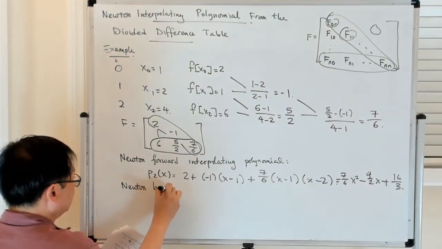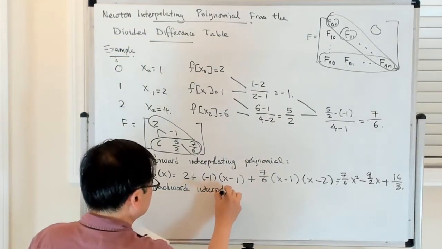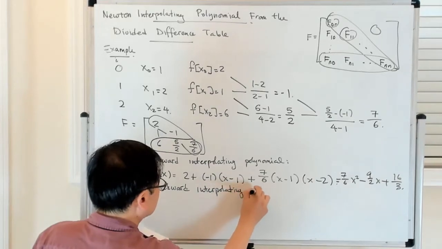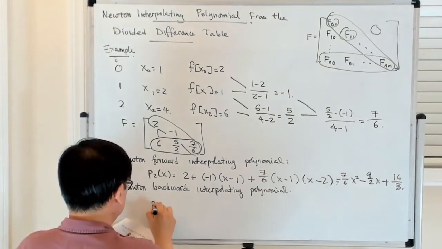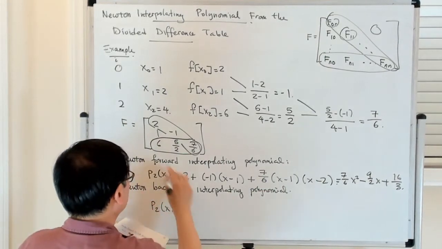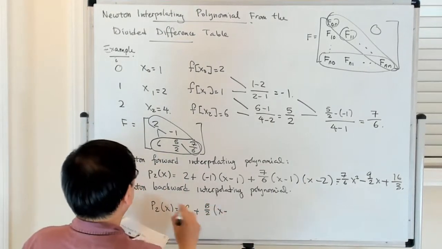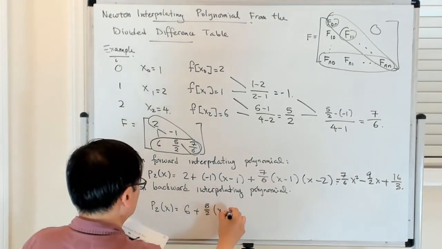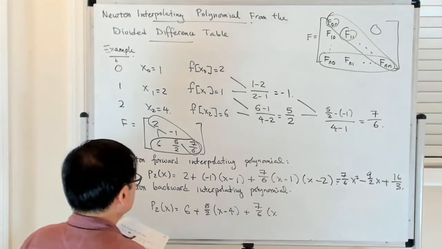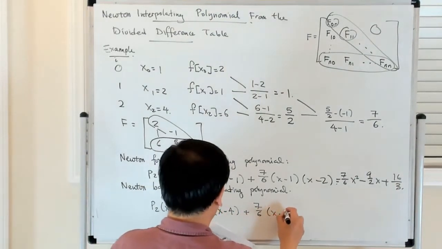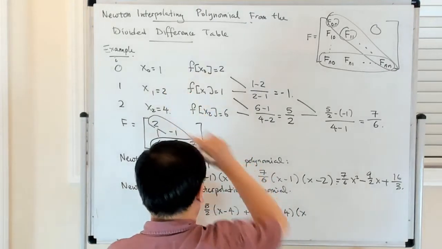And then the Newton backward interpolating polynomial, P2(x), has the form 6 plus 5 over 2 (x minus x2), which is 4, plus 7 over 6 (x minus x2)(x minus x1), where x1 is 2.